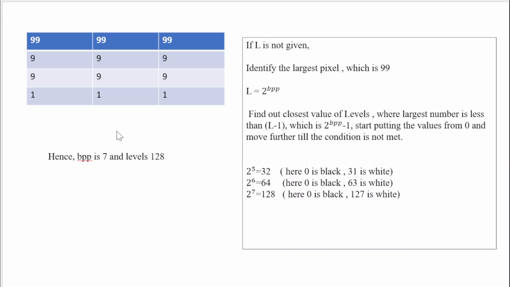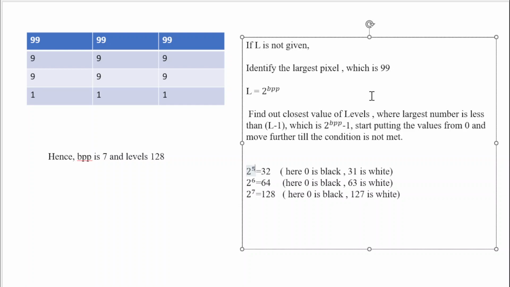Now since 99 is the largest pixel, we have to identify what the levels will be. So we start comparing 99 with the value 2 raised to power BPP minus 1, or 2 raised to power BPP. We are looking for the BPP which will be able to encapsulate the number 99.